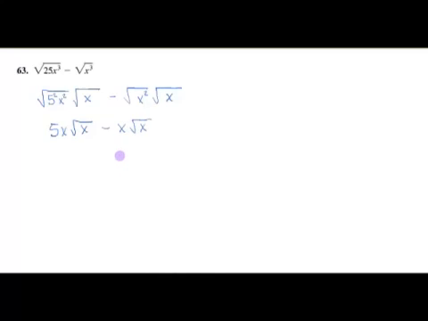Now I have like radicals. I also have like terms. I have a 5x and a negative 1x, so like terms and like radicals. So I have 5x radicals minus 1x radicals gives me 4x of those radicals.